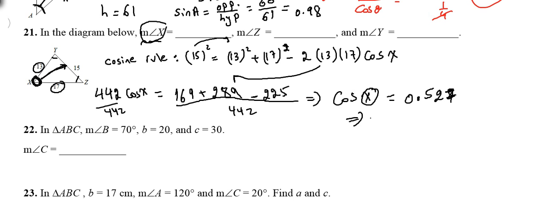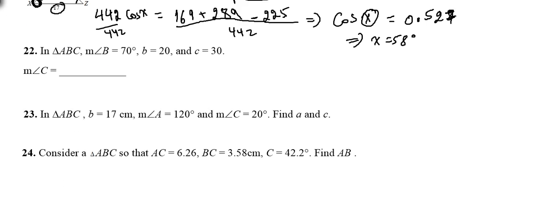So X is 58 degrees. We do the same thing for Z, we do the same thing for Y, or we can work with the sine rule. When I finish this, I will do a video on the sine rule and cosine rule, to see how we can differentiate between them. But let me continue now.